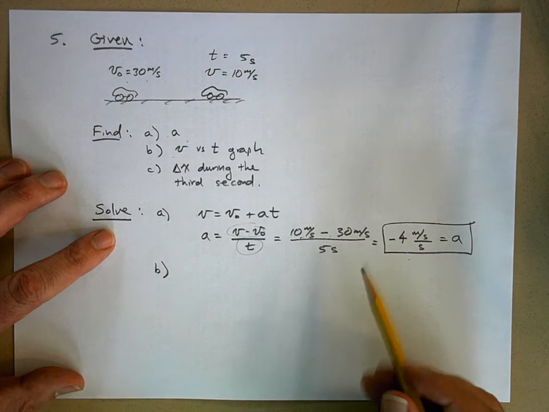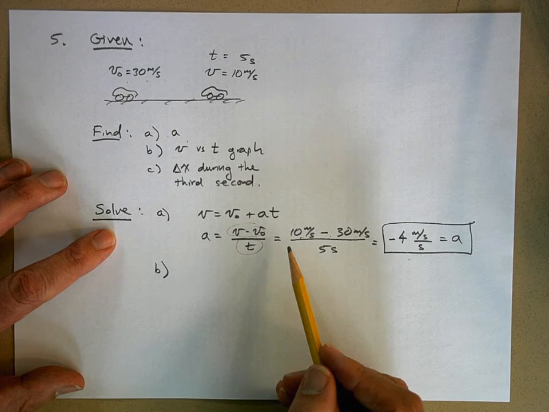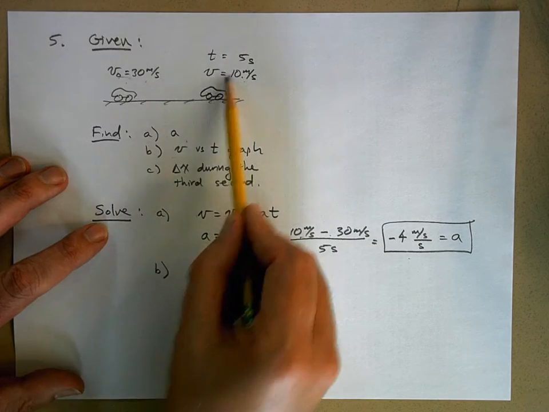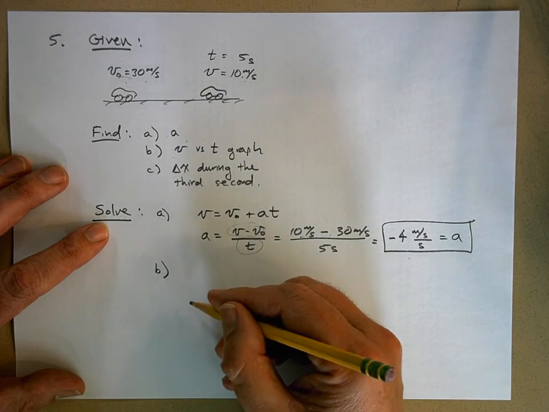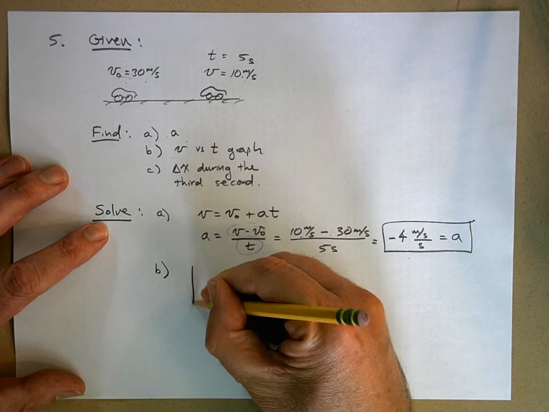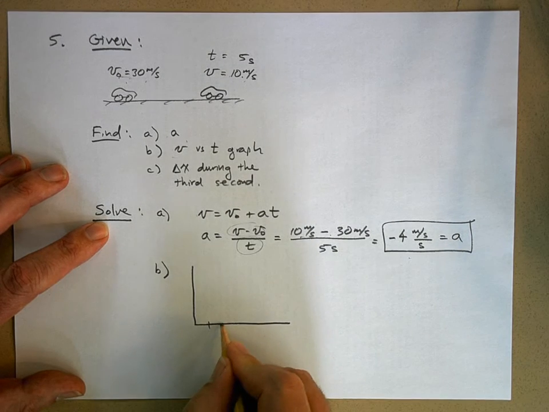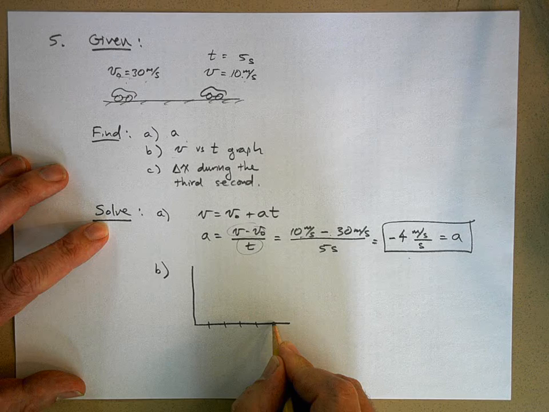And then for part B, well, let's see. What's the maximum velocity I'm going to get? Oh, I know my velocities are 30 and 10. So this is pretty easy. So 1, 2, 3, 4, 5.